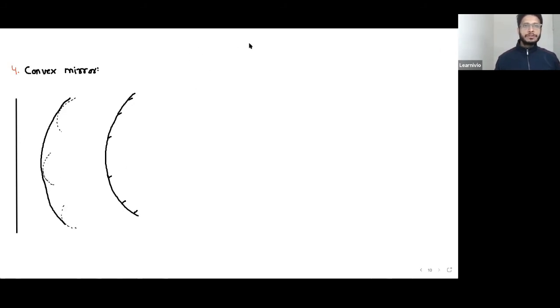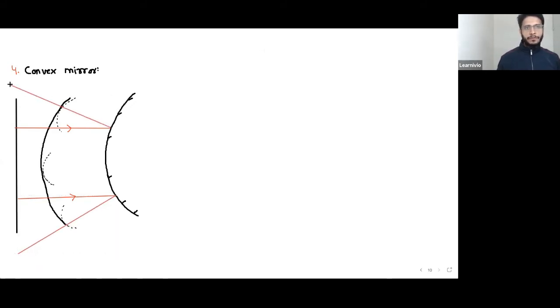Next, you can draw rays. It's very rare that someone asks you to draw this behavior for a mirror, but that is an extreme case. These are your incident rays, and these are your reflected rays.